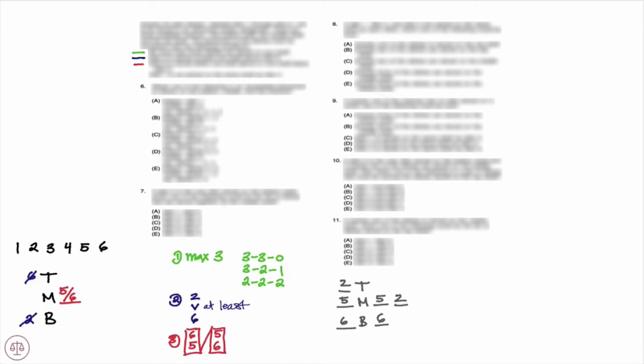But again, that is not the only possibility. Nothing is stopping us from having 6 be in middle and 5 be at the top. Now again, 2 in this scenario would have to be in the top shelf. But notice that's not the only possibility, because we could actually have 6 here and then put 5 in the bottom shelf.